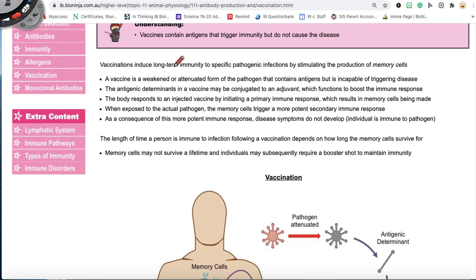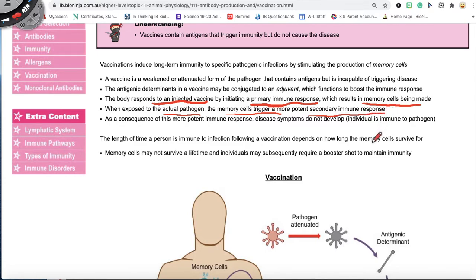So the body is going to respond to an injected vaccine, and that's going to start a primary immune response, which results in the memory cells being made. So in the future, if you get exposed to the actual pathogen, the memory cells are going to trigger a more potent secondary immune response.